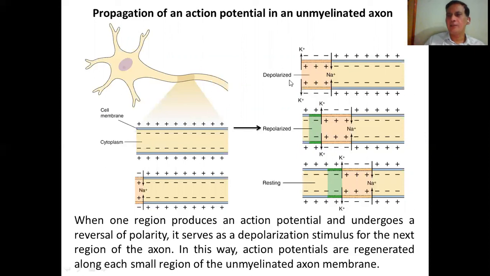So there will be a cycle of depolarization followed by repolarization, and this cycle moves from one point to another. Sodium coming inside, potassium going outside, keeps the charge moving. That is, the impulse is being moved from one point to another.